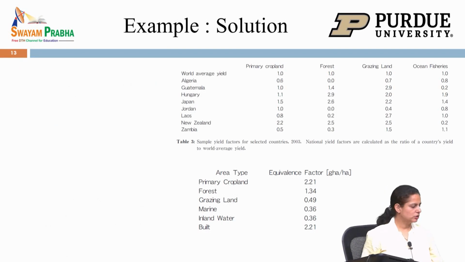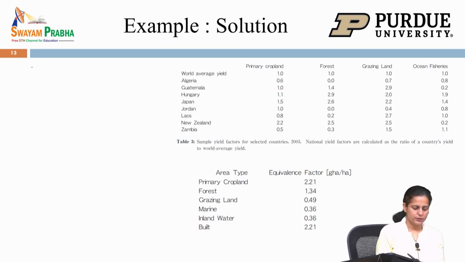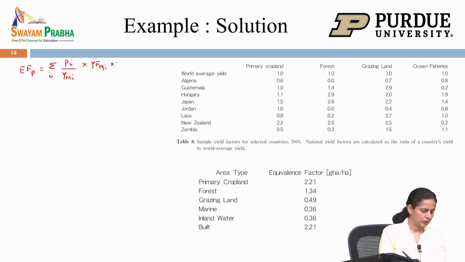So, let us look at the solution. Our ecological footprint equation is given as the summation over i. So, here let us look at the grass input.